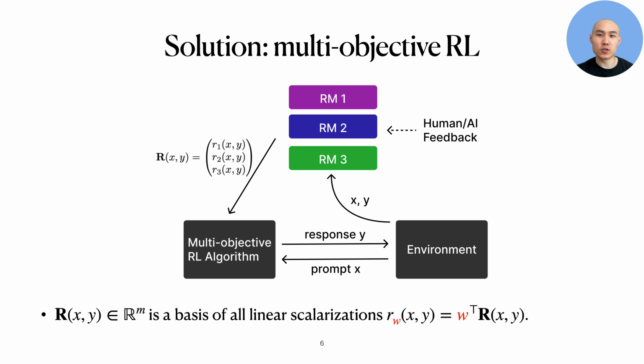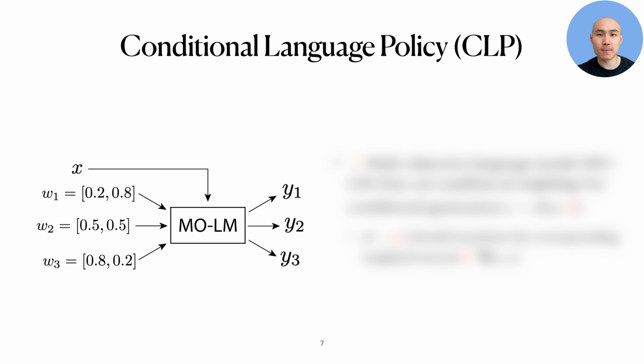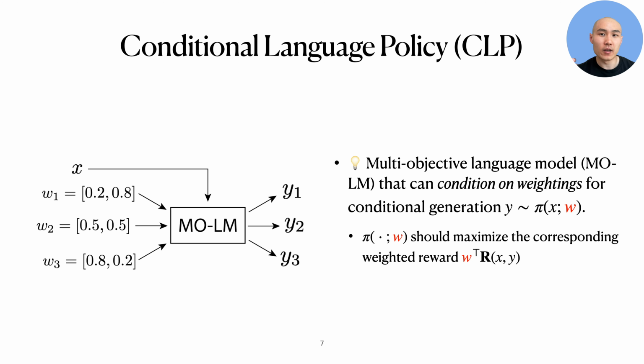To address these issues, we proposed an alternative framework using multi-objective reinforcement learning, where the fine-tuning algorithm can now accept multiple rewards as feedback. We formalized this using a vectorial reward function, where each element of the vector is a separate reward. The key idea then is to learn a conditional language policy, or CLP, that can condition on both the weightings and the prompt to generate a response.